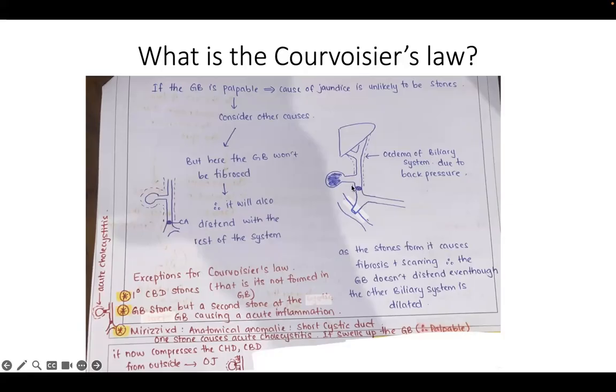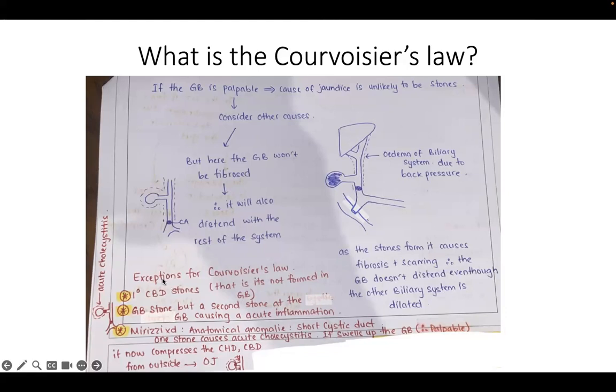Whereas if you have a fibrous gallbladder, the gallbladder won't be distended, rather only the rest of the system will be distended. There will be edema of the biliary system due to back pressure. As the stone forms, it causes fibrosis and scarring. Therefore, the gallbladder doesn't distend even though the rest of the biliary system is dilated. So that is basically your law.